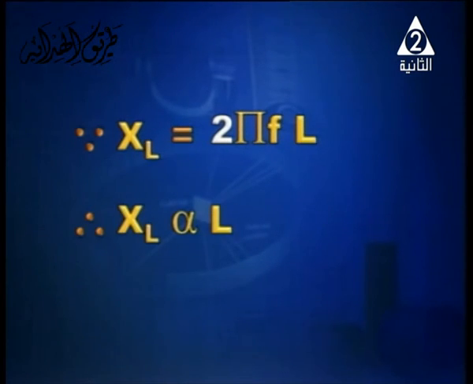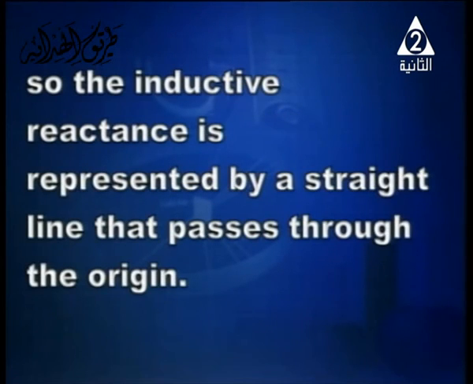XL is directly proportional to the frequency and directly proportional to the inductance. So the inductive reactance is represented by a straight line that passes through the origin, if we want to plot the relation between reactance and frequency.